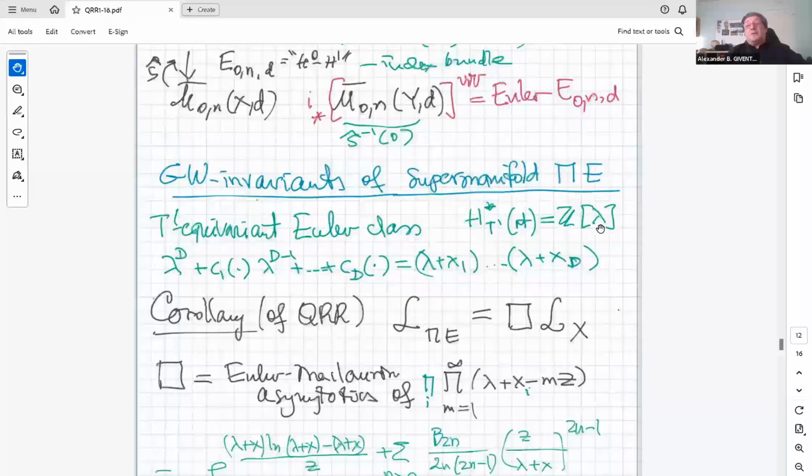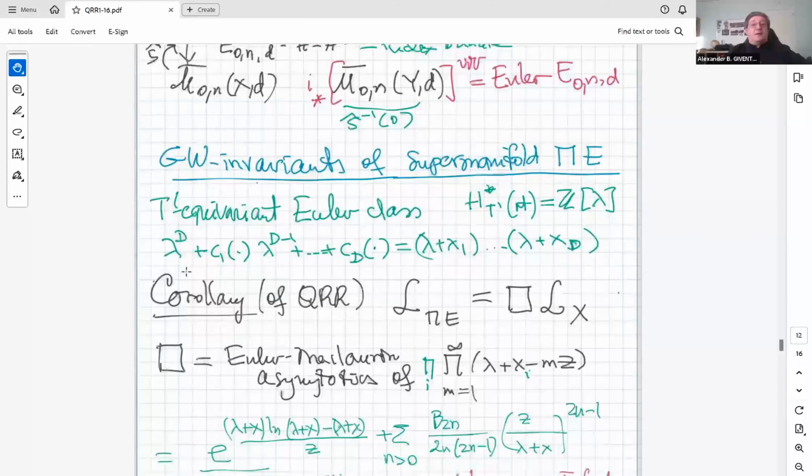And because in principle you allow division by lambda in terms of fixed point localization, you work over the field of rational functions in lambda, the field of fractions of this ring. Then this expression is invertible. The x_i's are nilpotent, but lambda is something invertible, and so it's okay to divide by that whole thing.